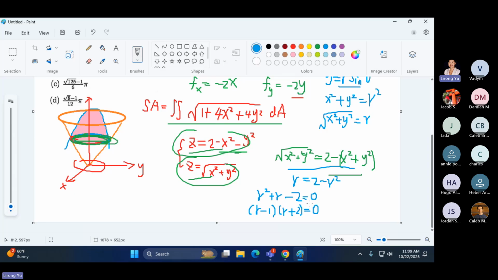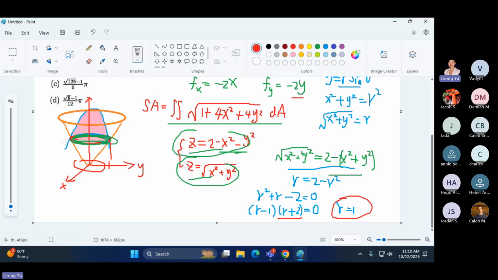So then we have a solution that says r equal to 1. The second part is saying r plus 2, which means r equal to negative 2. But obviously, we don't want a negative radius, so that one does not work. So r equal to 1 will be the case, and this radius is 1.